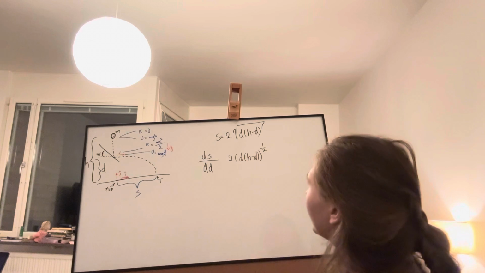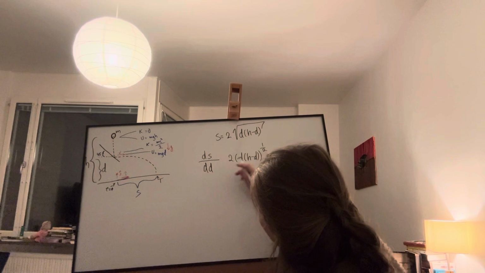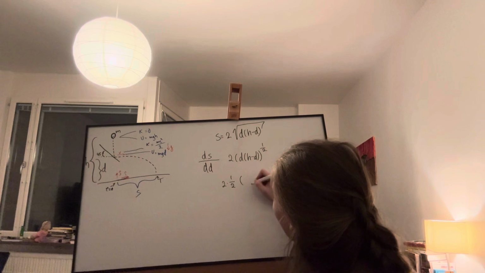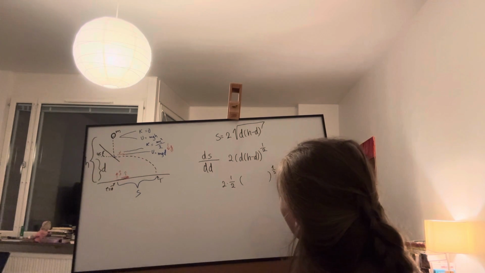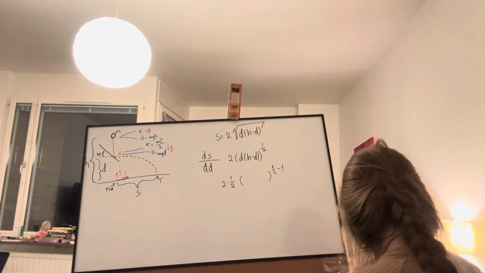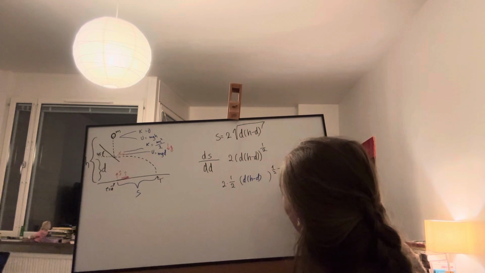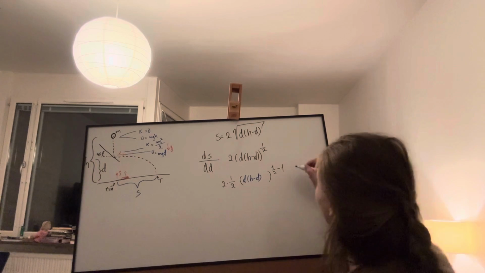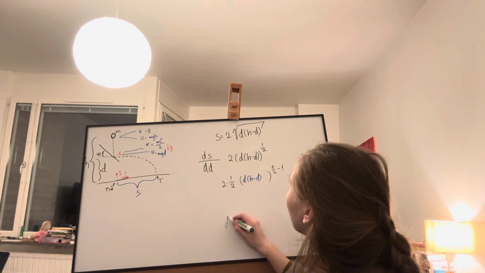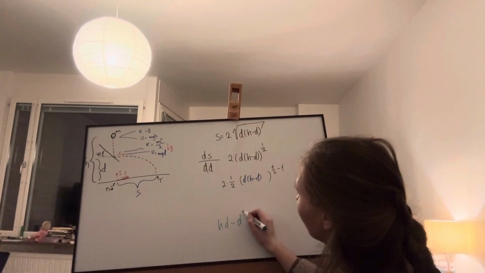So first we take what's outside, which is 2 times 1 over 2, and then square root to the power of 1/2 minus 1. And then inside, we just keep what's inside, h minus d, times the derivative of what's inside, which we can rewrite as hd minus d squared.